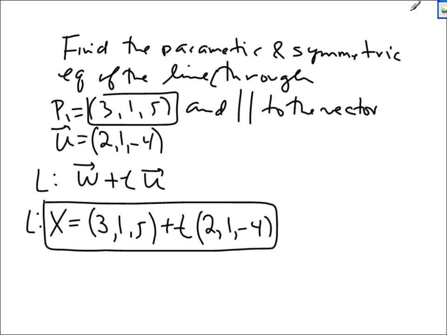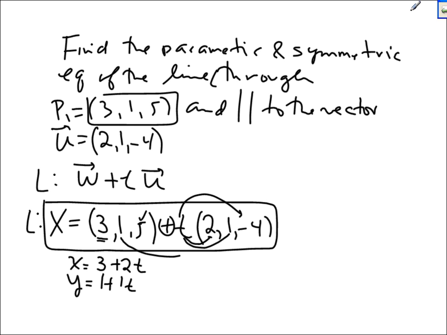But we were asked to write this in parametric and symmetric form. Well, in parametric, x is 3 plus 2t. And the y value is 1 plus 1t. The third value is 5 plus negative 4t. That is the parametric.